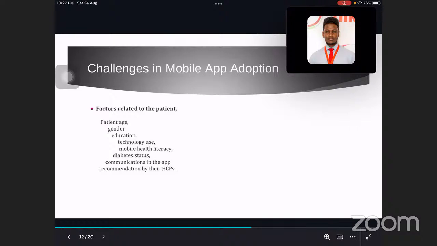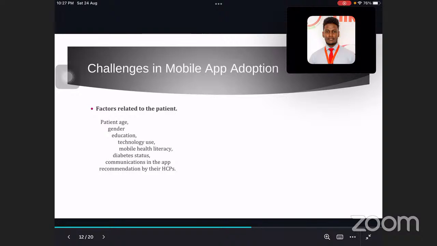Education: the use of these apps is also higher among educated patients. And technology use: the more familiar the patient is with technology, the greater the adoption of the mobile app.